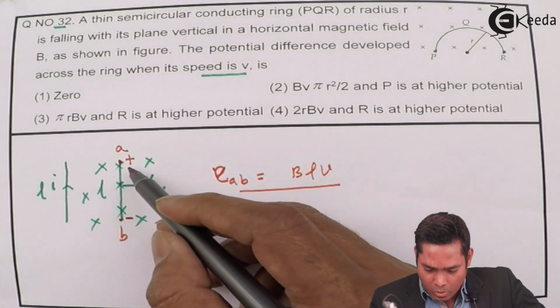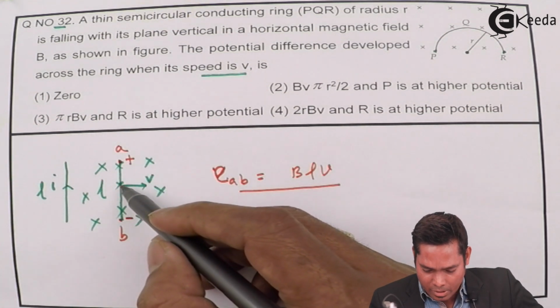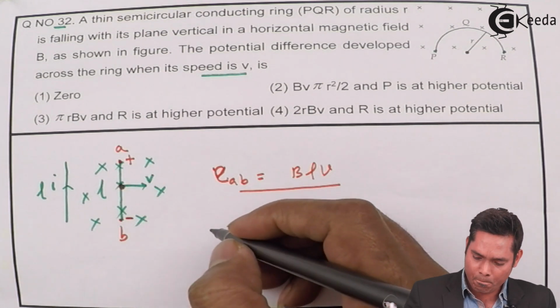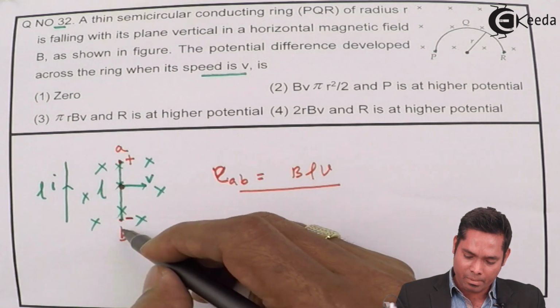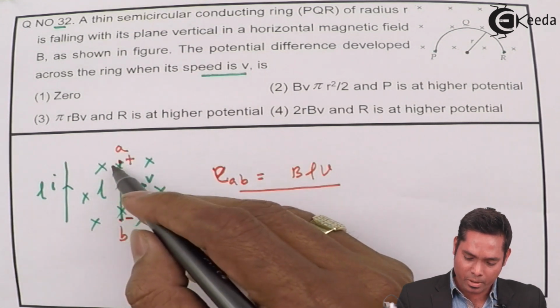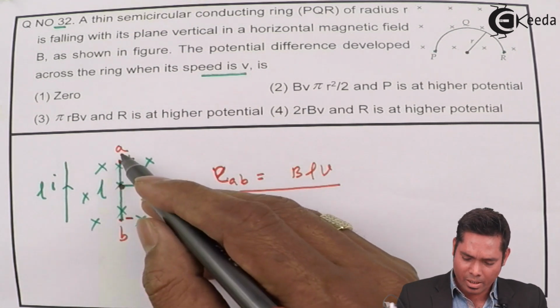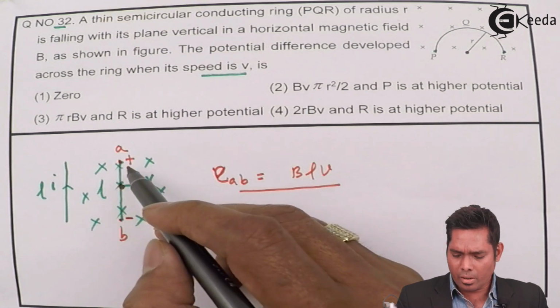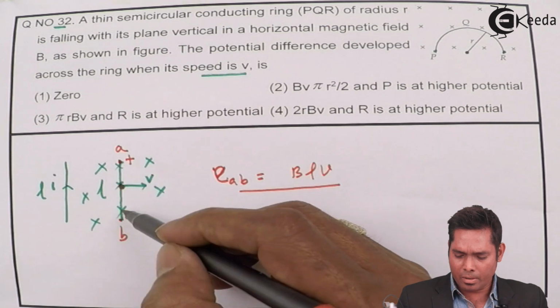So this end will be negatively charged, and this will be at a higher potential and that at lower potential. In this situation the conductor behaves like a battery with its positive and negative terminals.